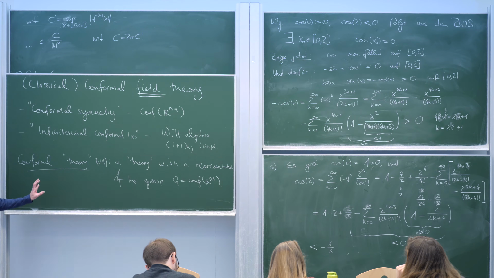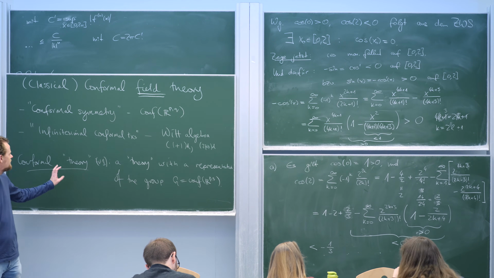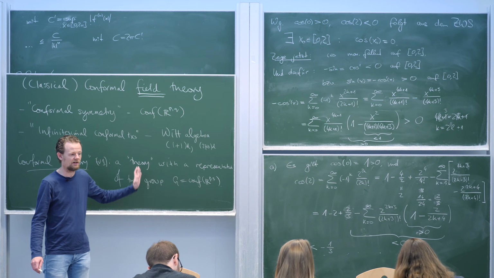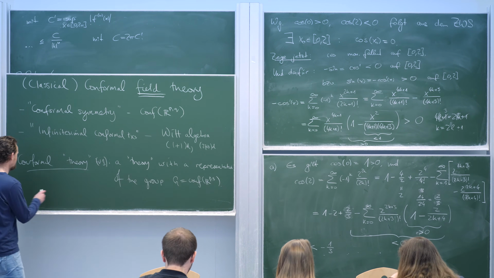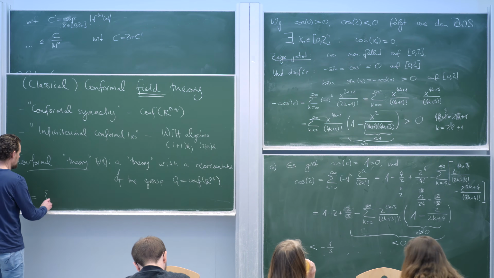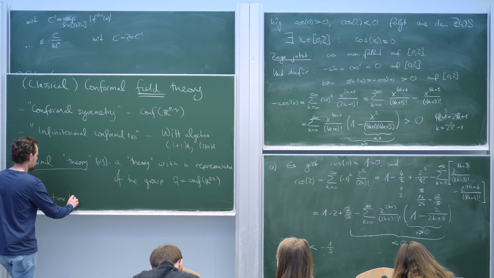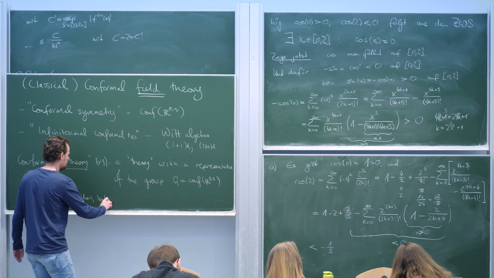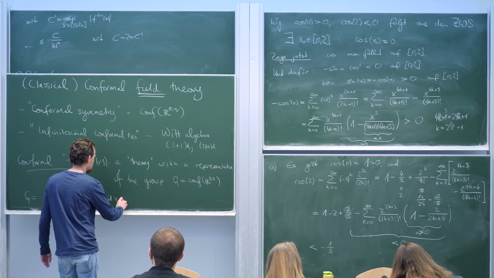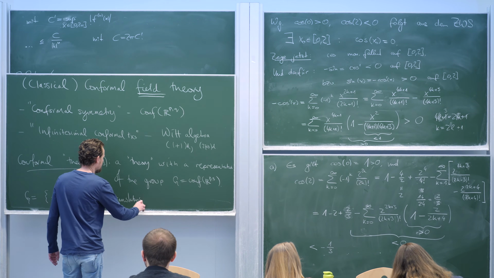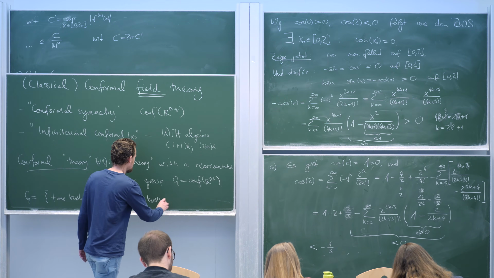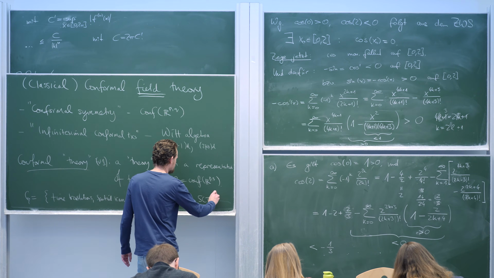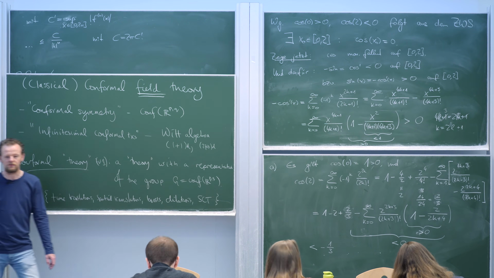And in fact, before I continue, let me point out something about the symmetry group here. The symmetry group contains time translations inside it, by definition. It has time translations. It has spatial translations. It has boosts. It has dilations. And it has special conformal transformations. This we've seen so far, right?